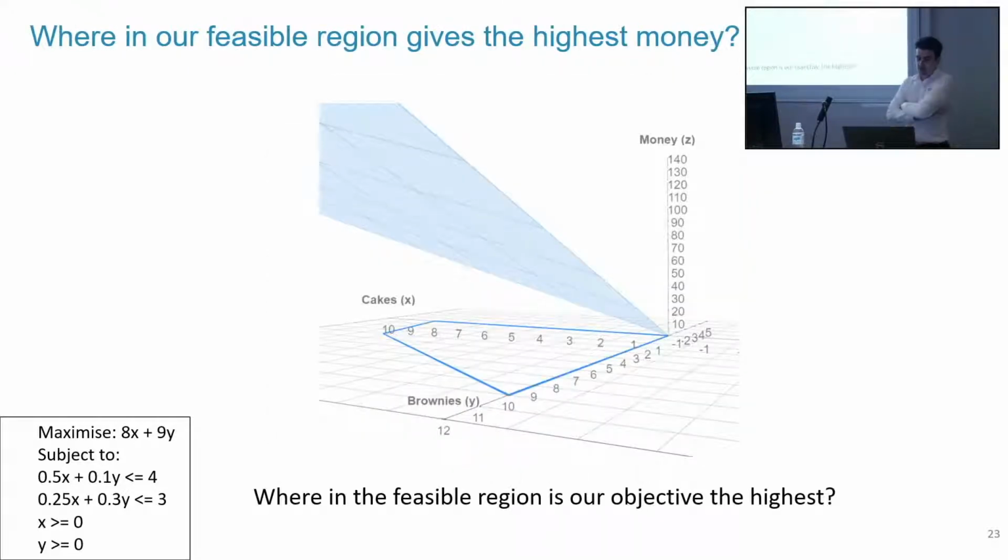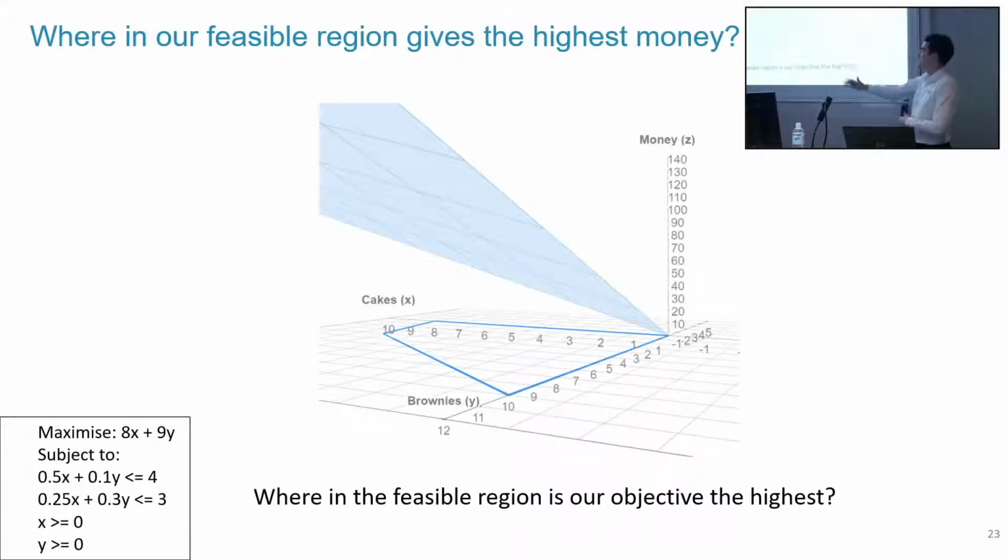So where do we think in the feasible region qualitatively is our highest point? People here can answer. Where are we going to start looking for our maximum amount of money? Anyone here know? Yeah? It'll be on one of the edges. Exactly.